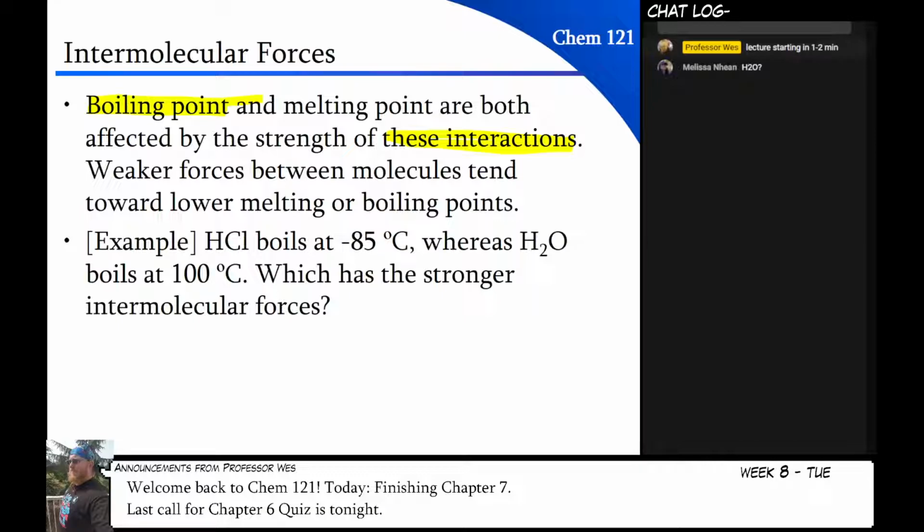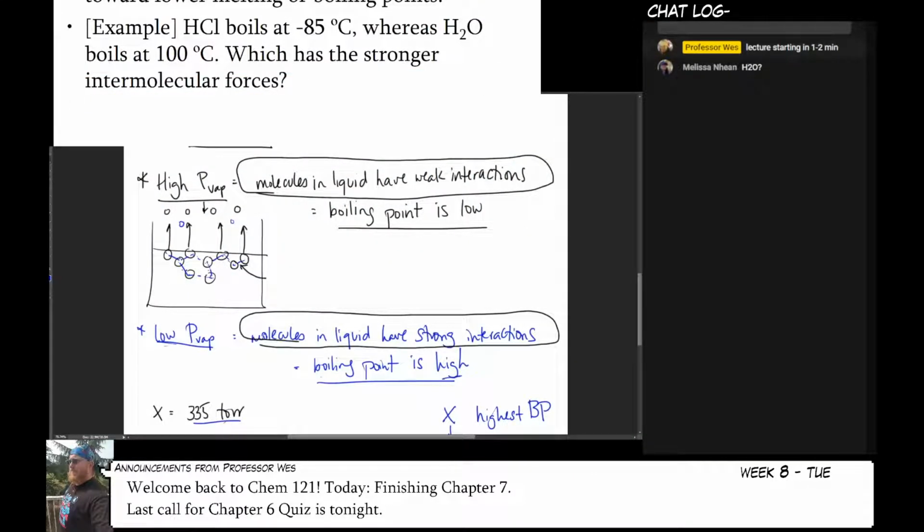Alright, hopefully you've had a second to think about this. So H2O is the correct answer. Now, why is that? Well, we'll just go back to this drawing we just did. And basically what we're going to be doing is working from the perspective instead now of how well do the molecules stick together.